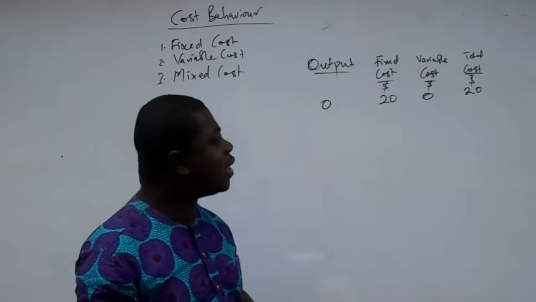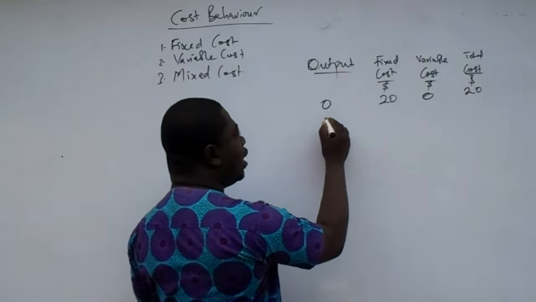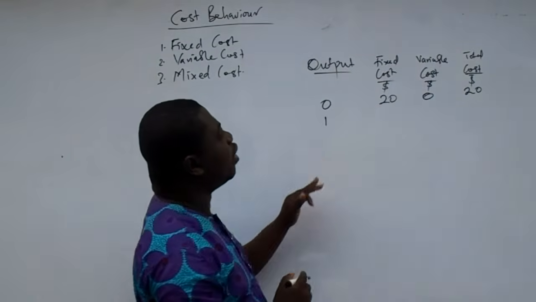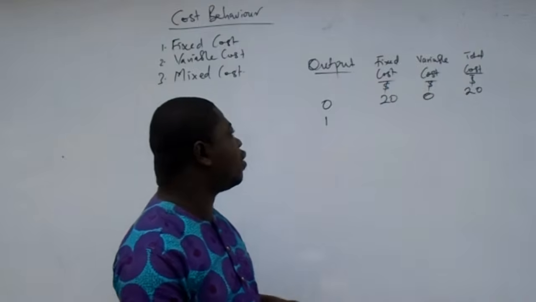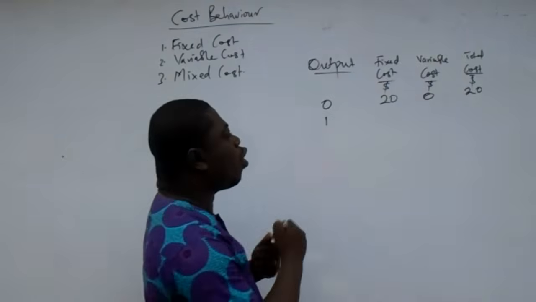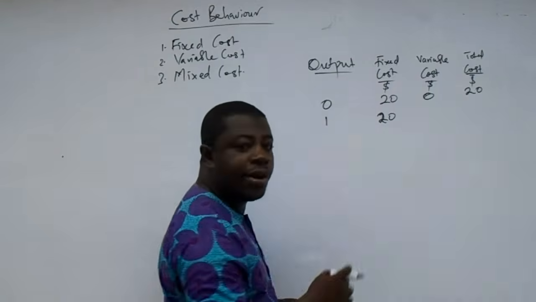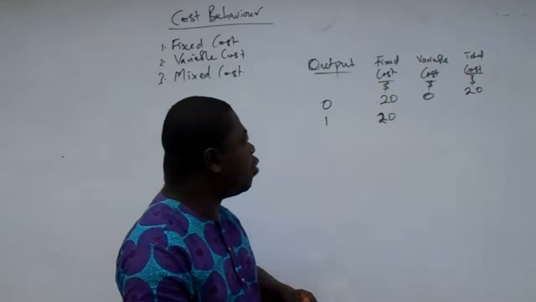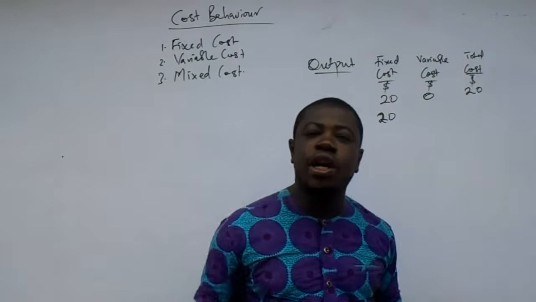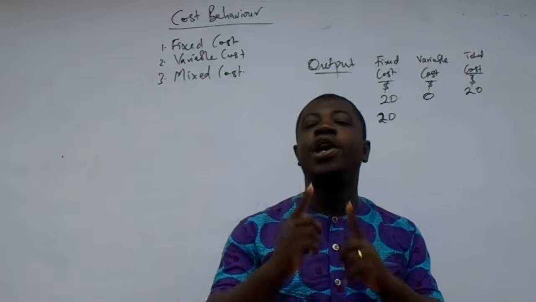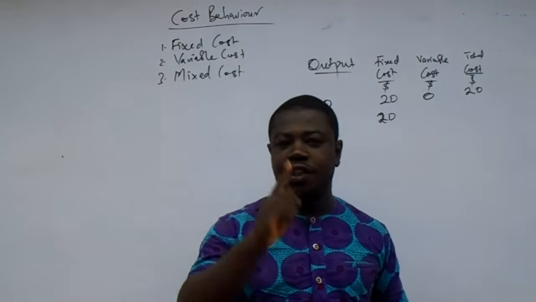Now let us assume that they are now producing one. When they decide to produce just one unit of the product, fixed cost remains 20 cedis, because let's assume that we are still in the relevant range. Fixed cost remains 20 cedis, and let's also assume that the variable cost per unit for this organization is $15.